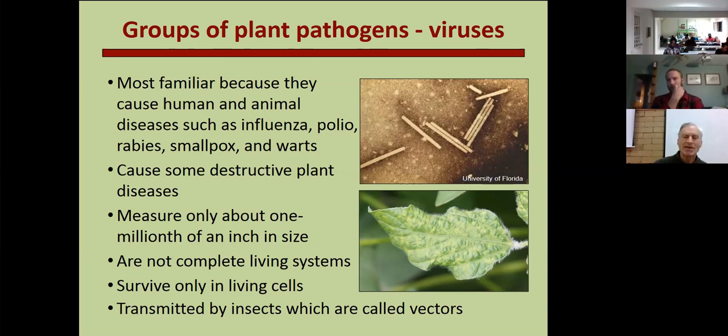That virus will not make the insect sick, but the virus will be there inside of the insect, and then the insect will go and chew on a different plant, and some of the virus that's inside the insect will get into the other plant and infect that plant. Okay. So the insect carries the virus from one plant to another, but it doesn't make the insect sick.